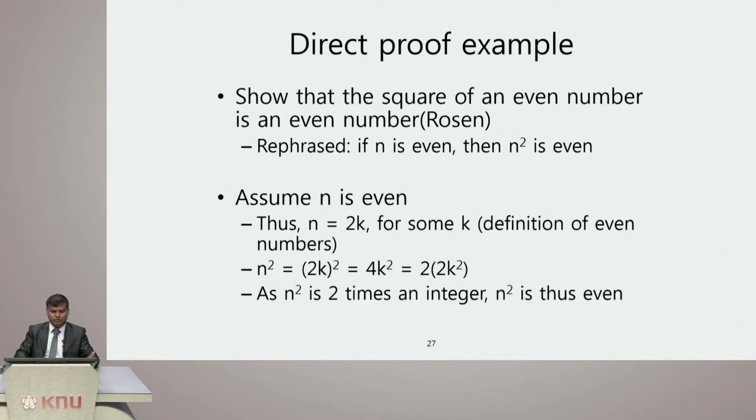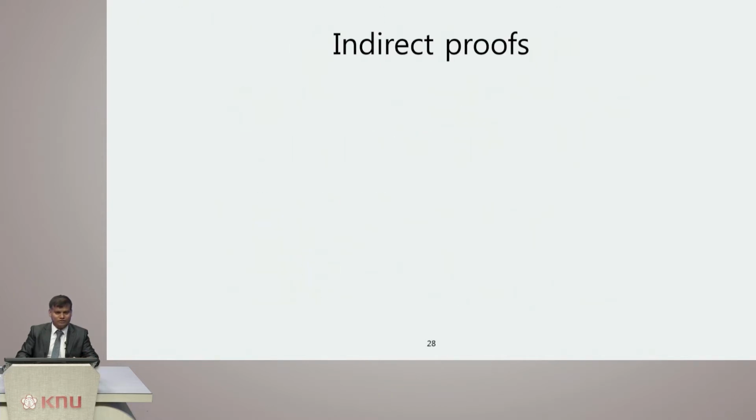So this proves that n square is 2 times an integer, that is, n square is thus even. That's a direct proof. You are directly proving that if n is an even number, then n square is even. This example is quite straightforward.